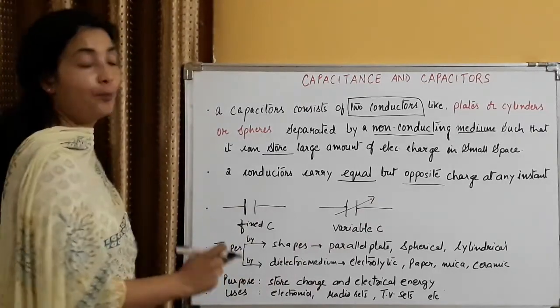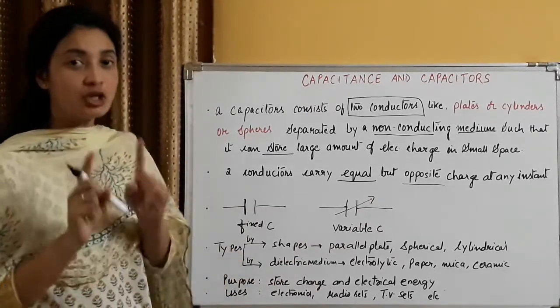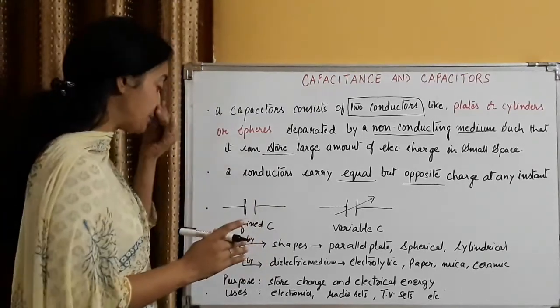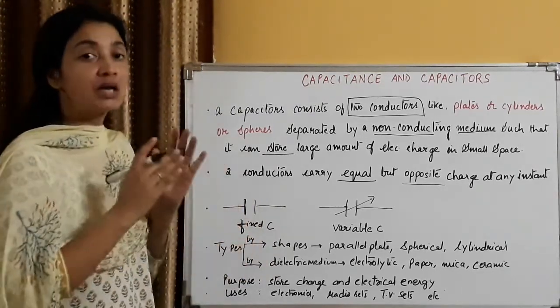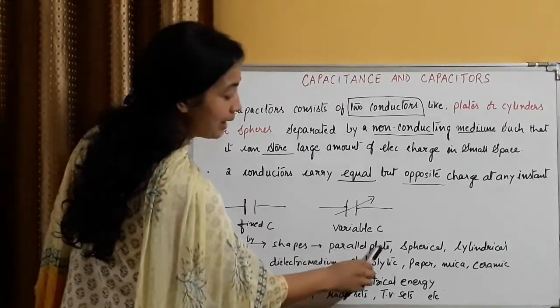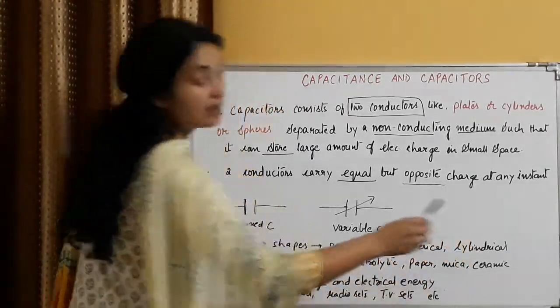Types. Based on the criteria chosen, if you are dividing the capacitors based on shapes, then the types can be parallel plate, spherical, cylindrical.